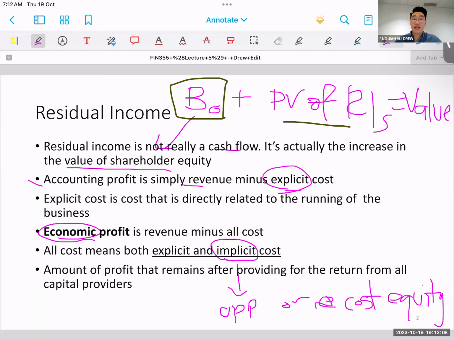So I repeat the question: does your accounting profit already take into account the cost of debt? Okay, we have a mix of answers.